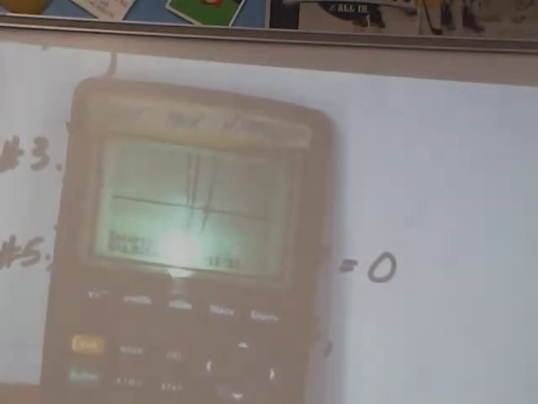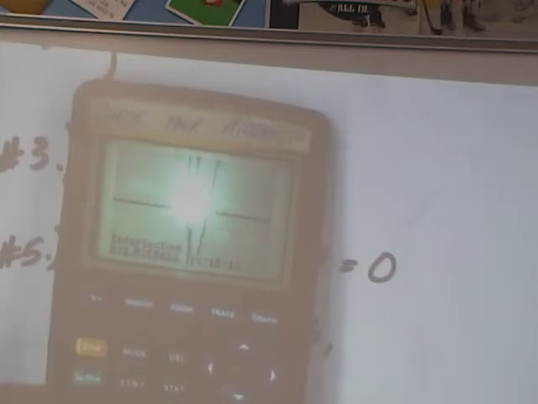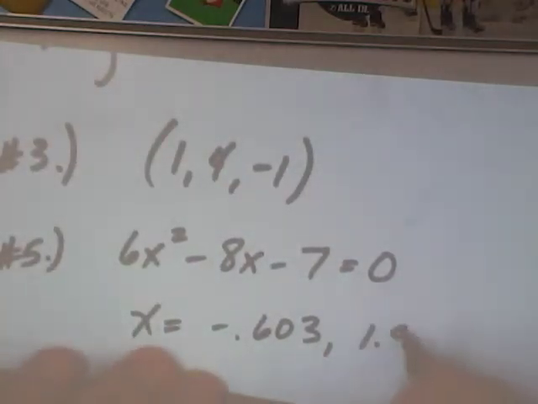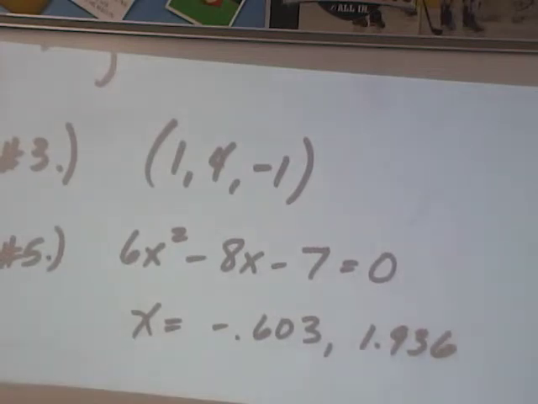What is that, 1.94, 1.936? Yeah. In the meantime, someone else is still writing down the Pythagorean theorem. I mean the quadratic formula.